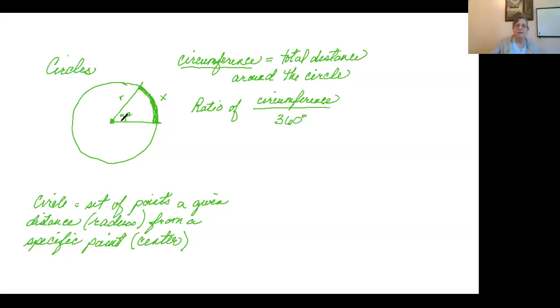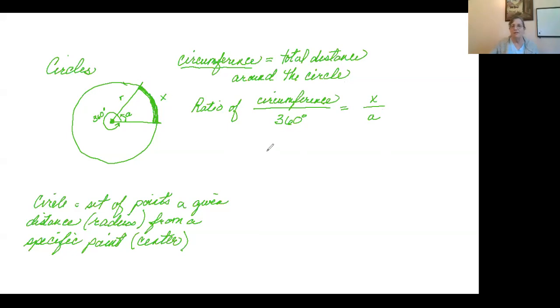If you start here and you go all the way around, then you've gone 360 degrees, right? So the ratio of the distance you have to travel around to 360 degrees is always going to be the same as the ratio of x, that portion of the circumference that is marked out by the angle, to the number of degrees in the angle.